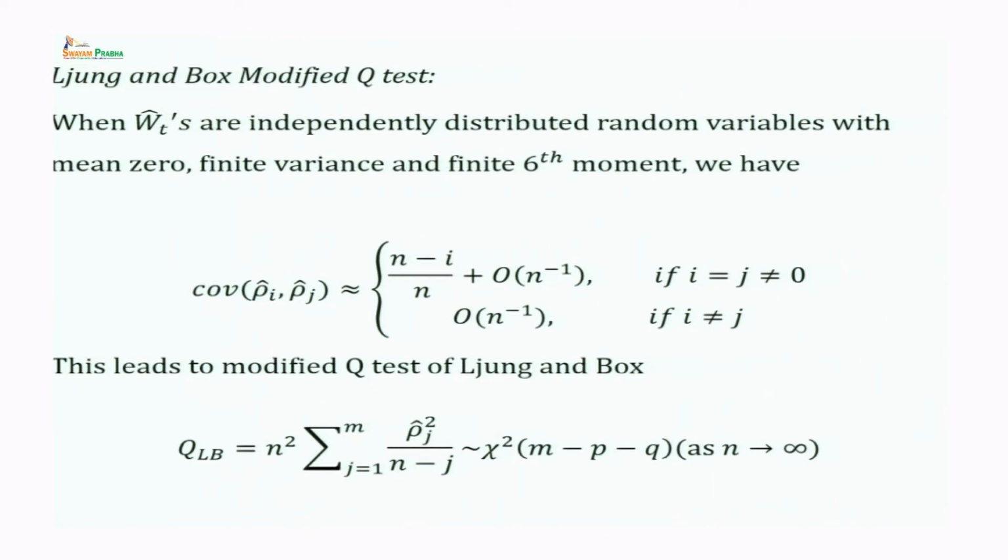So, the diagonal elements of matrix V are now (n minus 1)/n, (n minus 2)/n, and so on.